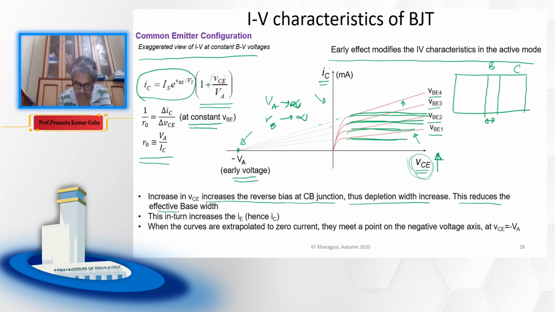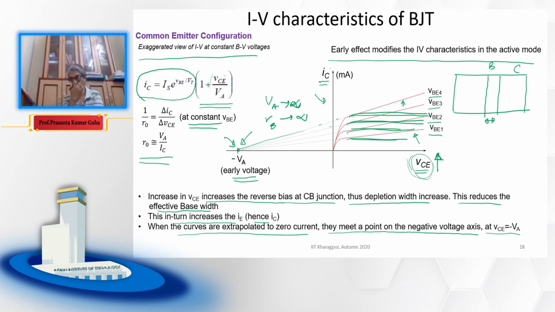This reduces the effective base width, as I have said several times before, and this in turn increases IE, hence IC. When the curves are extrapolated to zero current, they meet a point on the negative voltage axis, and that is the early voltage.